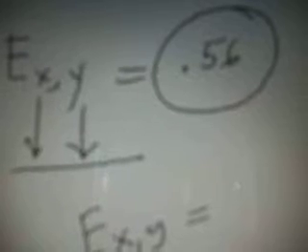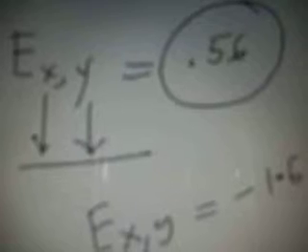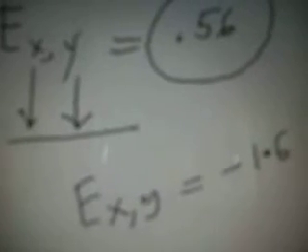On the other hand, if I tell you that the cross price elasticity of two goods, X and Y, is equal to negative 1.6, these two goods are complementary goods. Very good. Okay? And when it comes to income elasticity, if the number is positive, the goods are normal.